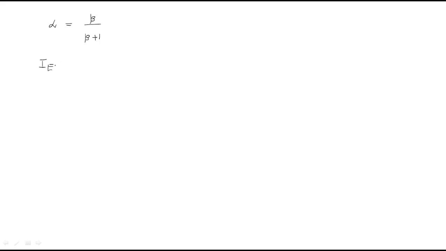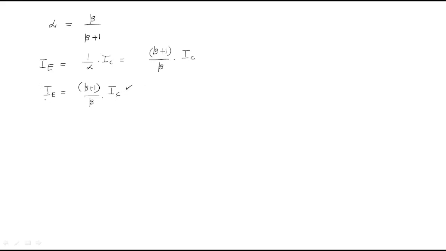Now the emitter current equals 1 by alpha into IC. So 1 by alpha means beta plus 1 by beta into IC. That formula is emitter current equals beta plus 1 by beta into collector current. So this is the relation between the emitter current and collector current.